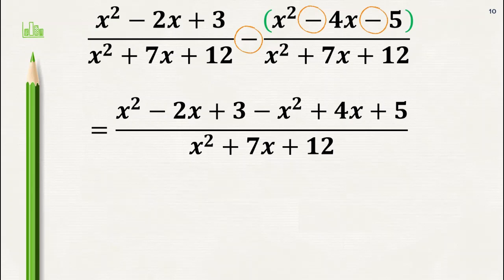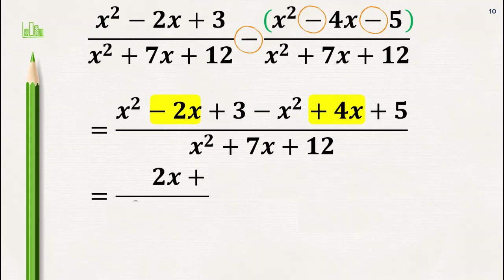Next, we have negative 2x and positive 4x. Since they have unlike signs, we will subtract them. So, 4 minus 2 is 2. Then copy the variable. So, we have 2x and then copy the sign of the bigger number.